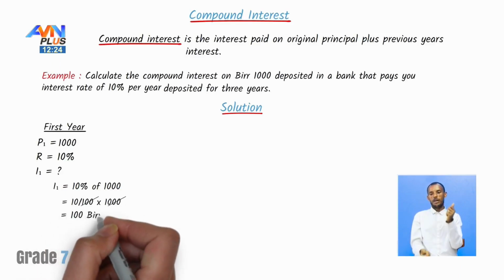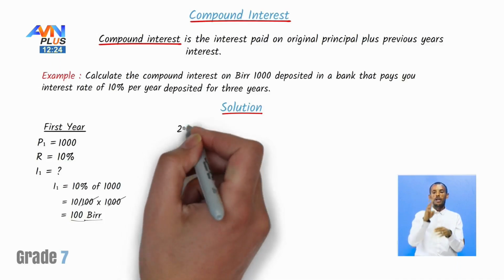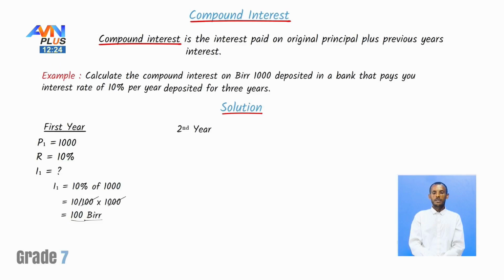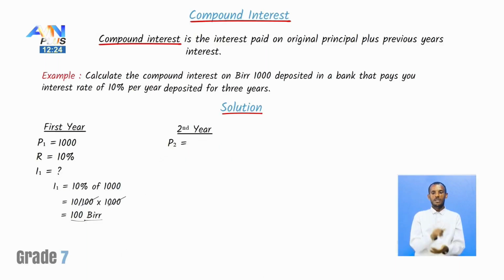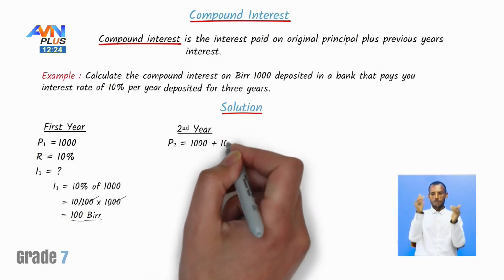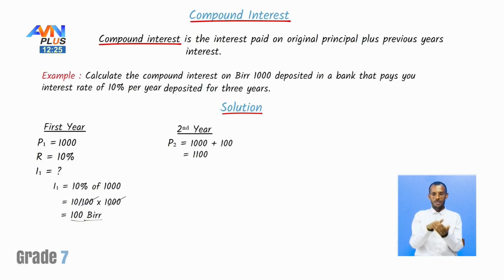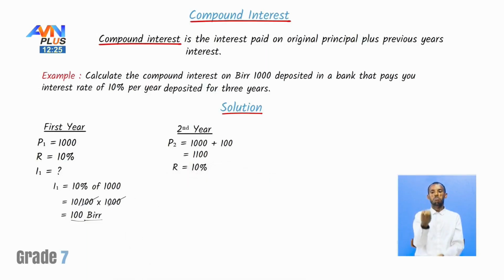On the second year, this interest also gives you an interest. So, the principal will change every year. On the second year, the principal is not 1,000. It is the sum of 1,000 and 100. Therefore, the principal for the second year is 1,000 plus 100, which is 1,100.